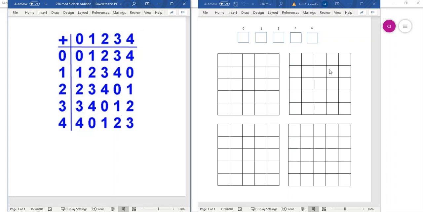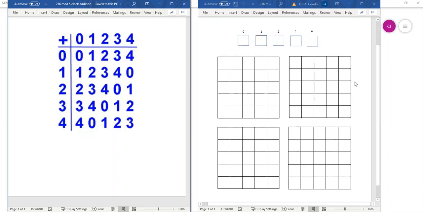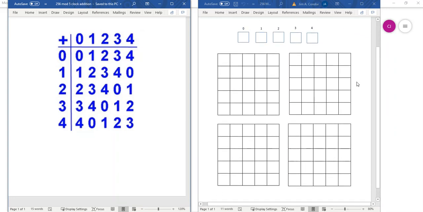Now, the first thing you've got to do is your design. There's an infinite number of possibilities. We have these numbers 0, 1, 2, 3, and 4, so we have a little square for each of the numbers. Those are going to be our definitions. You can put anything in these. You can make them all different, which is normally what happens, or you can have some the same or nothing or whatever.